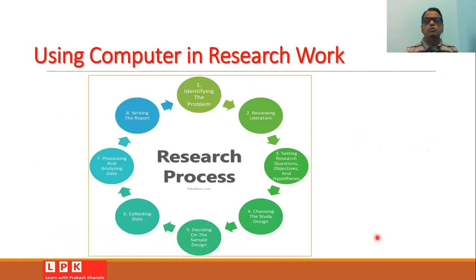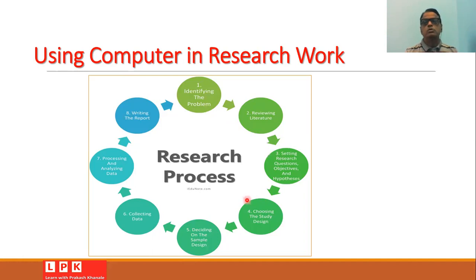Computer can be used in research work. You know that in research work there are different phases. For example, initially we need to identify the problem. Once you identify the problem, you need to perform the literature review so that you can fix your problem appropriately. Then you can set your research questions, your objectives, and your hypothesis.